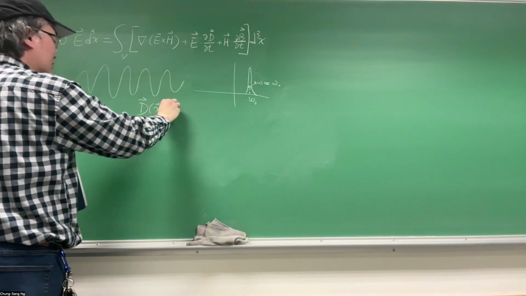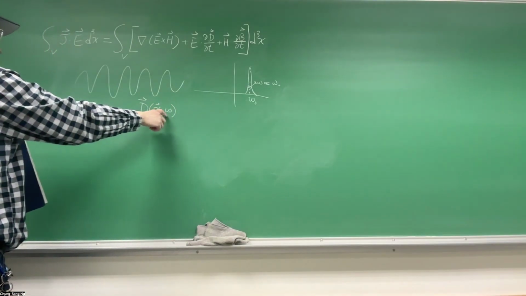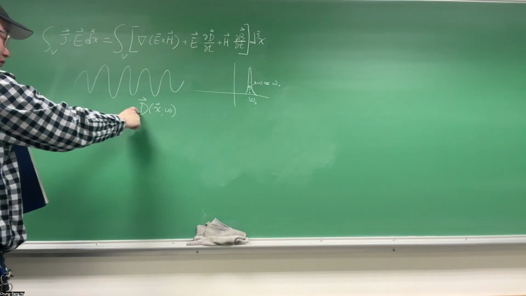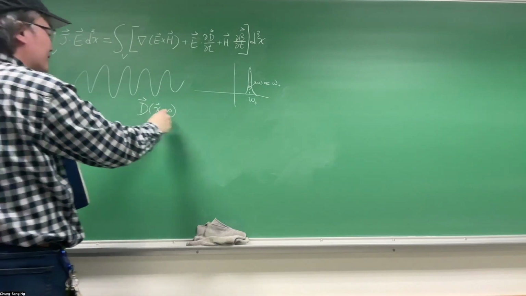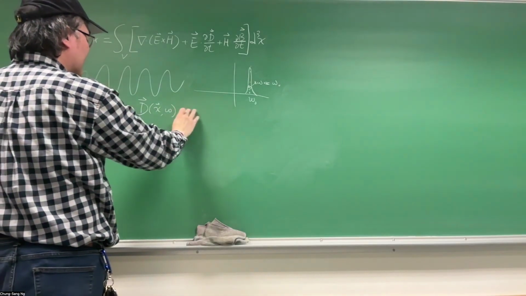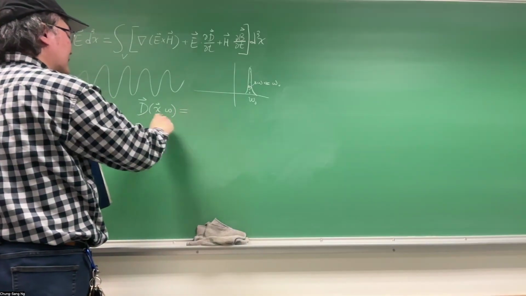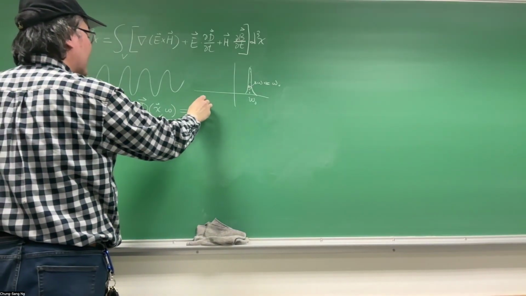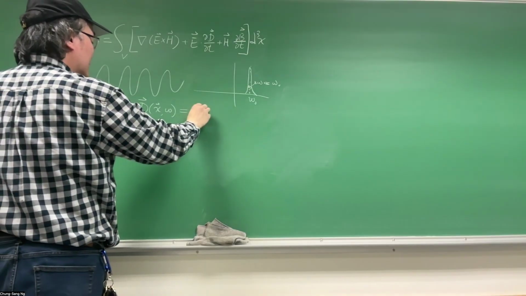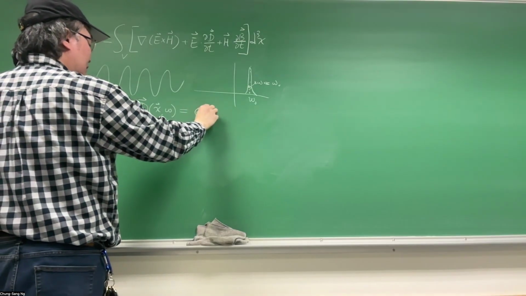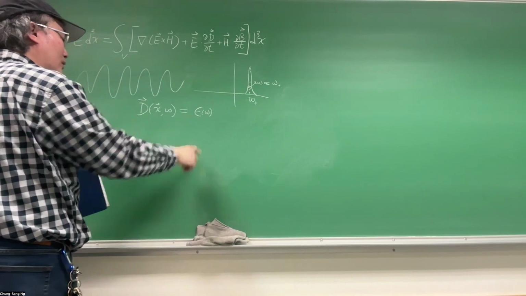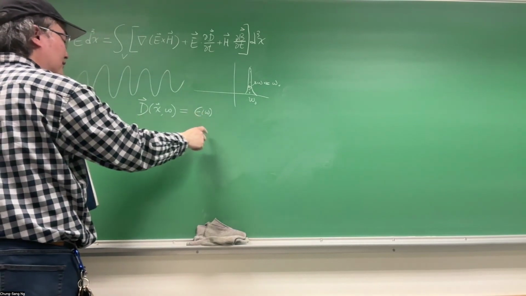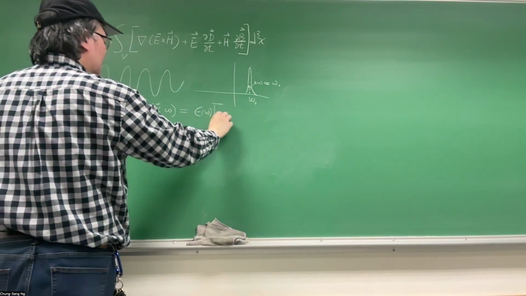And in Jackson, it just changes the dependency. Instead of depending on t, it depends on omega, but it's a different function. You need to be a little careful, because Jackson doesn't define another symbol. The Fourier transform now, instead of a constant epsilon, has an epsilon that depends on omega. Basically, this is the Fourier transform of the dielectric constant.